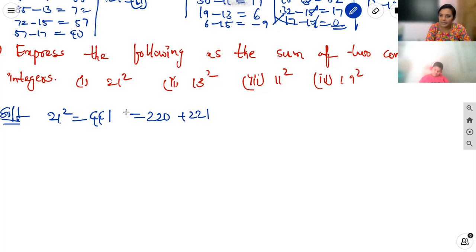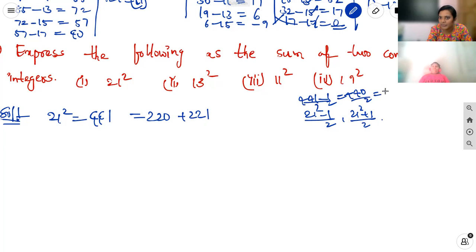Just subtract 1 and divide by 2. That is (21 squared minus 1) by 2 and (21 squared plus 1) by 2. 21 squared is 441. 441 minus 1 is 440, divided by 2 is 220. And 442 divided by 2 is equal to 221.